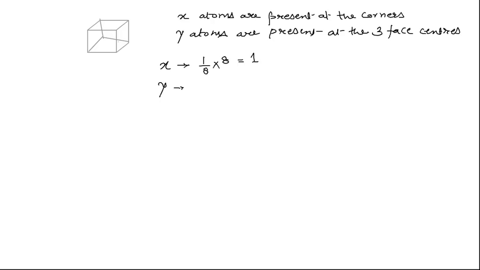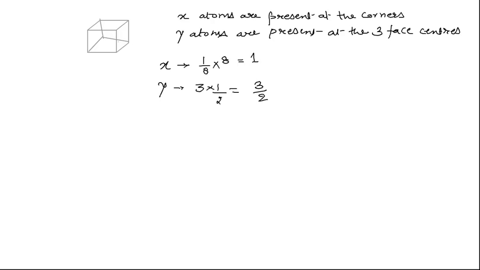Now those three faces are shared by what? Each face is shared, so each particle is shared, right? So the contribution of a particle to one face is 1 by 2. So it comes out to be 3 by 2.